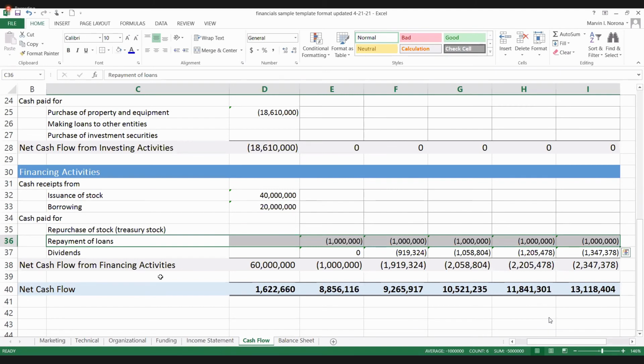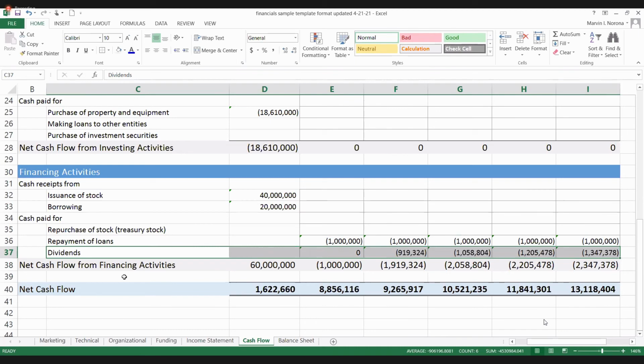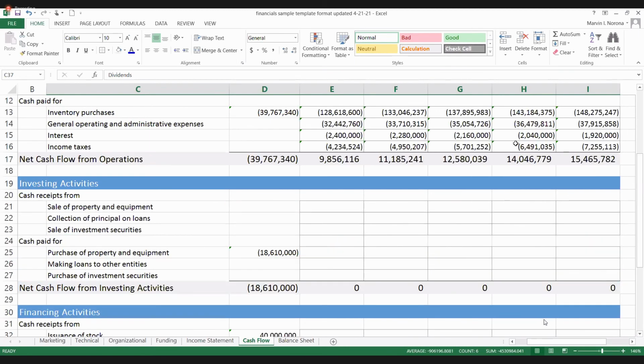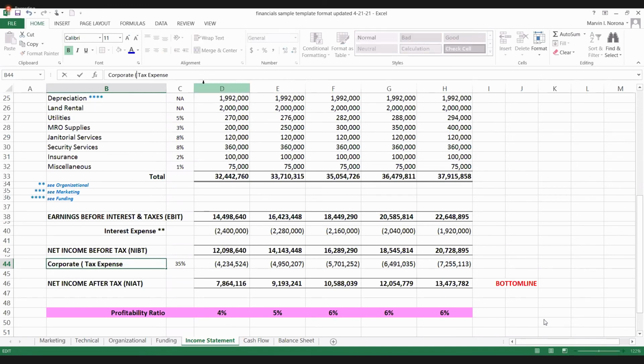And then may makikita rin kayo rito na dividends, which I will shortly explain. At meron din dito yung tax, income taxes. Okay? Lahat yan nagagaling sa income statement. Ayan, so may income tax, corporate tax expense. Para hindi kayo maligaw, corporate tax. Okay, income tax.